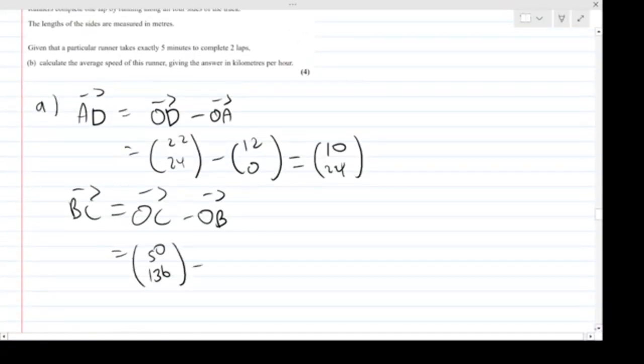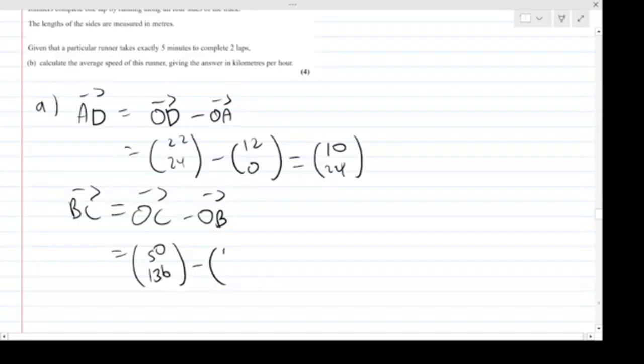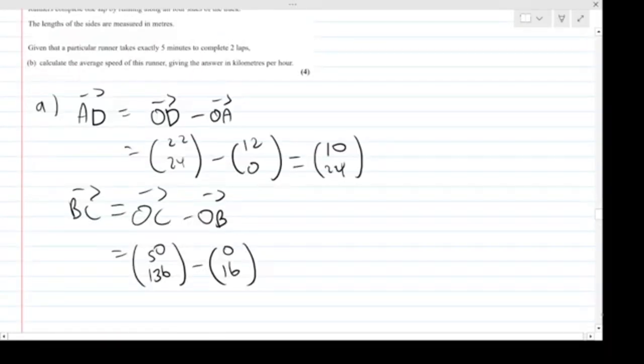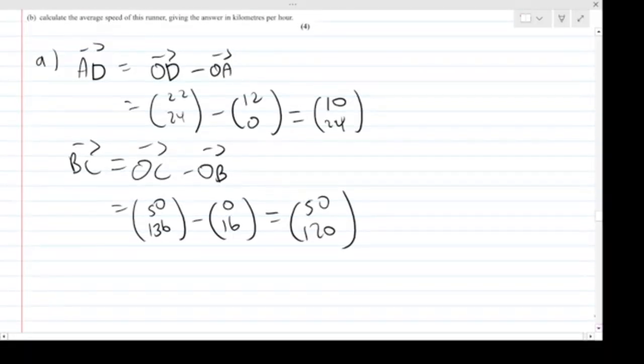And then OB is going to be 16j. So there's no i, so it's 0i, and then 16 for j. And so there we are. If we compute that subtraction, well, 50 take away 0 is 50, and 136 take away 16 is 120.